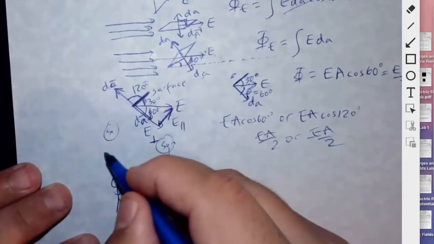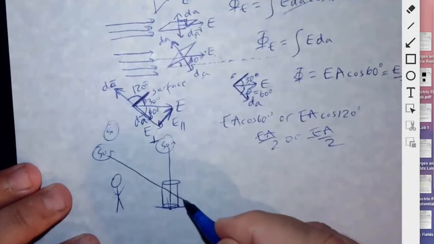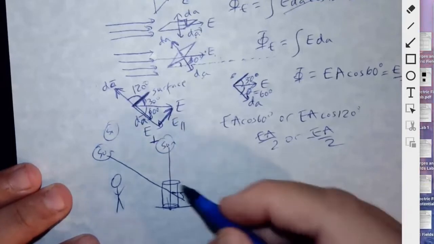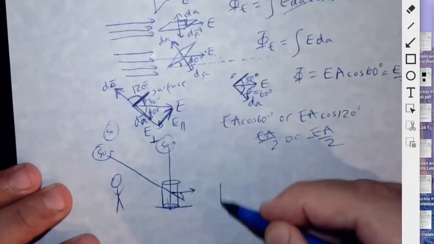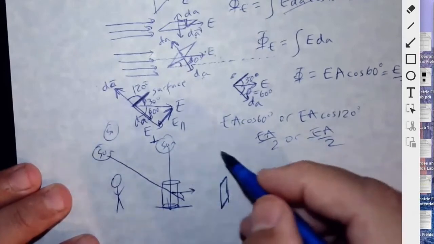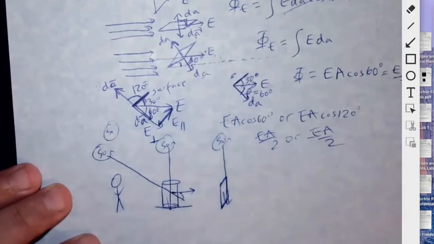So when the sun is at an angle, you see what's happening. Your area vector is like this. Think of yourself as almost like a piece of paper. Maybe it makes it easier. When the sun is directly over you, it goes like this.